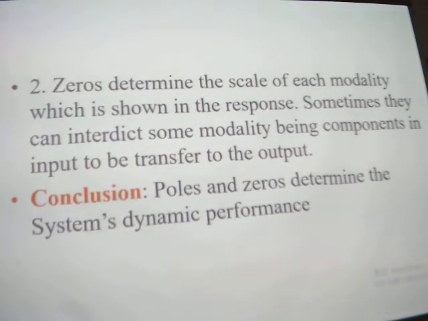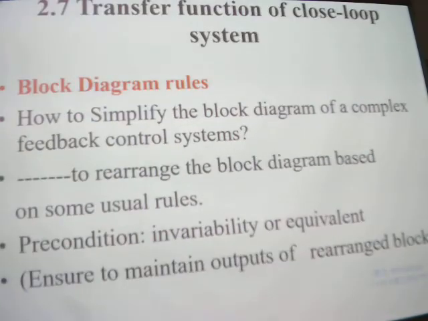So, for the system, we should analyze the zeros and the poles. For the transfer function, we should study the closed-loop control system. And this block diagram will help us to analyze this transfer function.